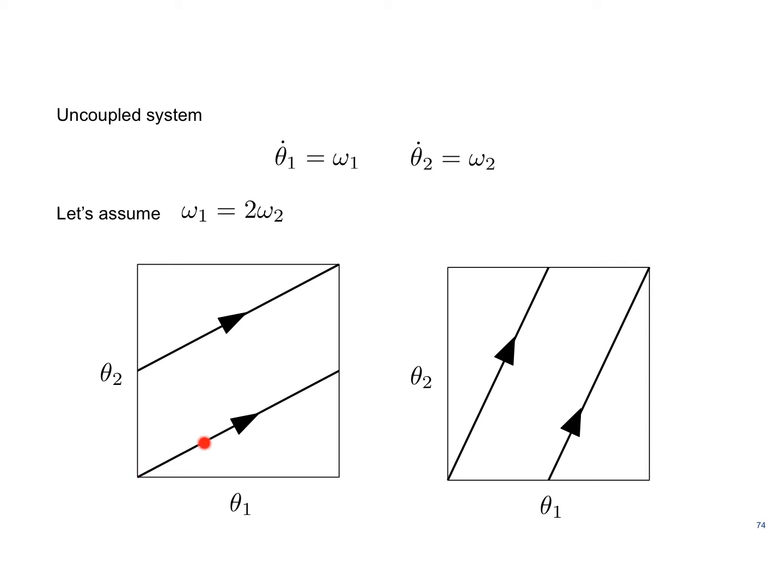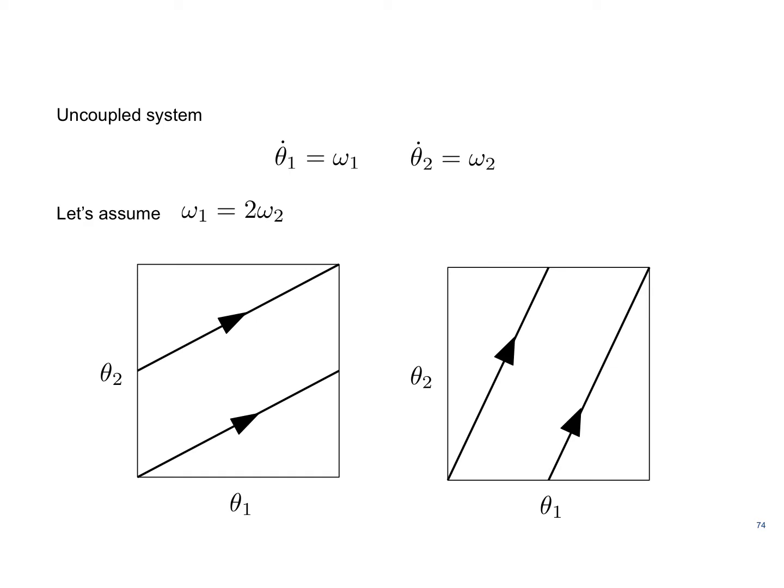While theta 1 moves, it has moved 1, so it has completed one circuit. Theta 2 has completed half. When theta 1 has completed 2 times, theta 2 has completed 1, okay? And this is what this equation is saying. When omega 2 is 1, omega 1 is 2.